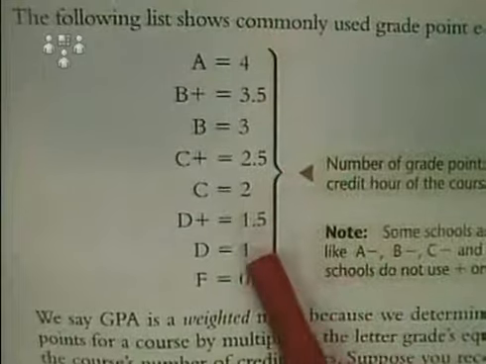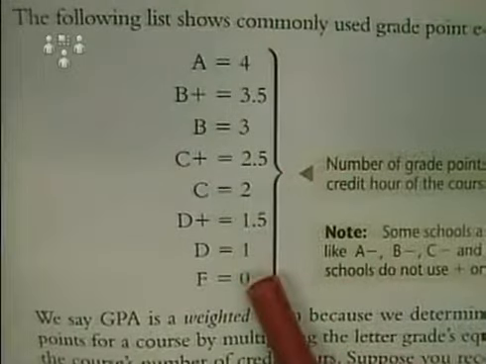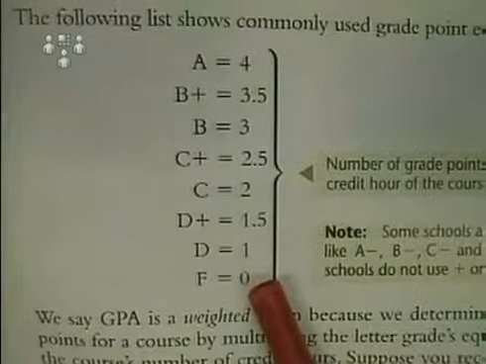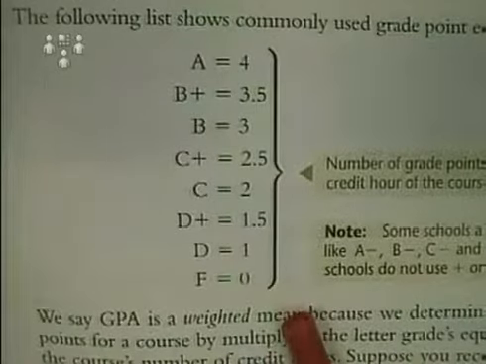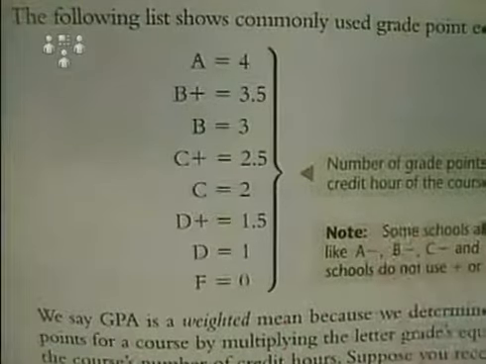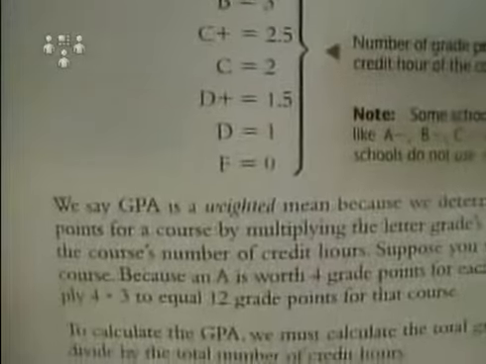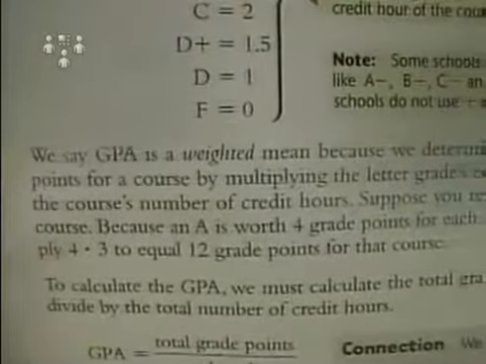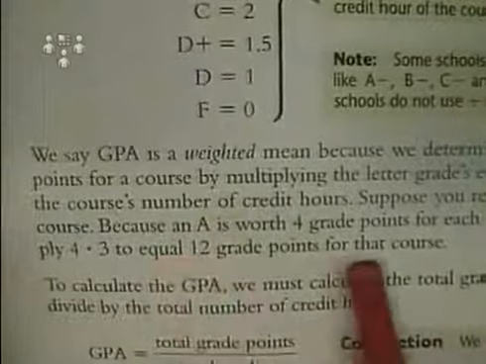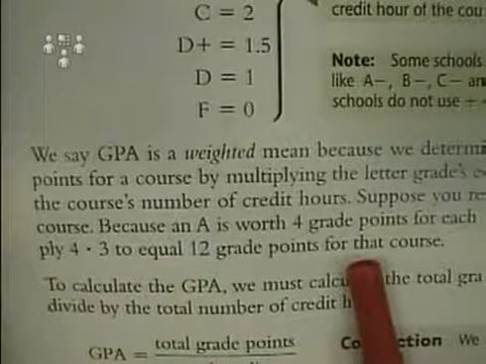And so these are your actual distributions. So these are the weightings. So to that extent, the A- would be the same as a B+. And there's a nice little disclaimer over here on the side regarding that. The GPA is a weighted mean. Okay, and it tells you how many grade points you get for each of those grades.